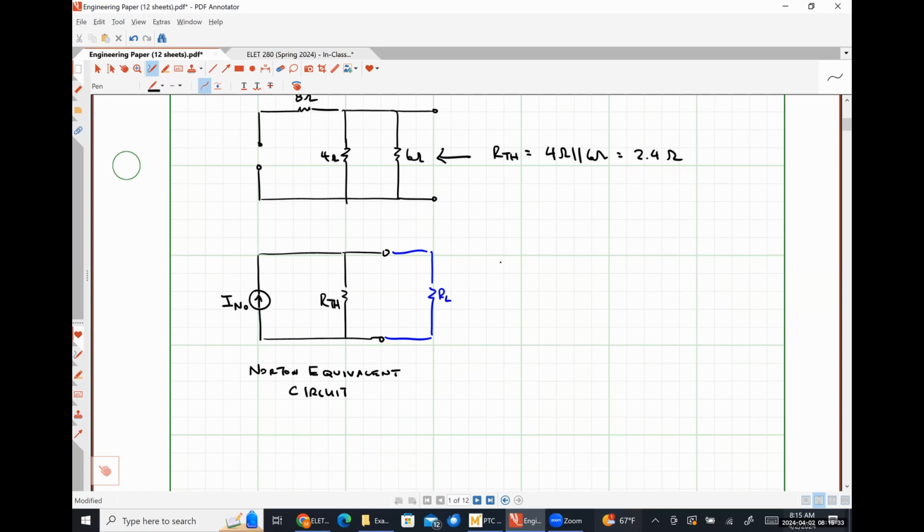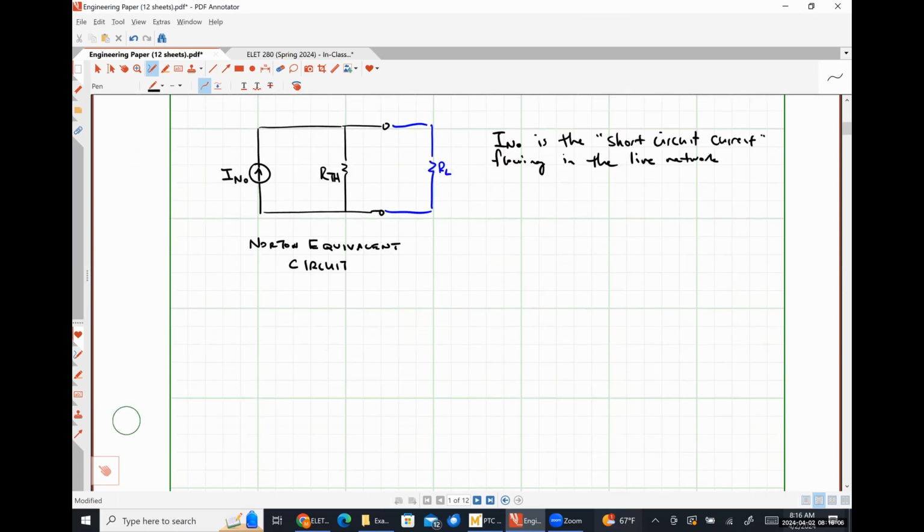Where I Norton is the short circuit current flowing in the live network, and RTH is still defined in exactly the same way as it was earlier. No change in it whatsoever.